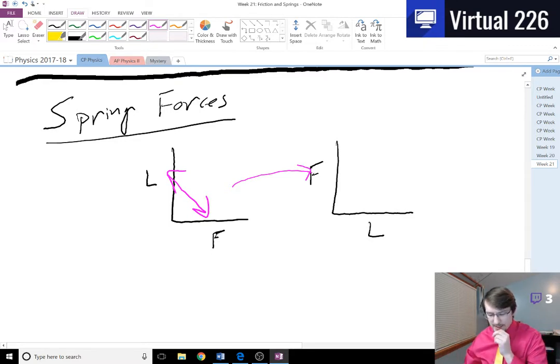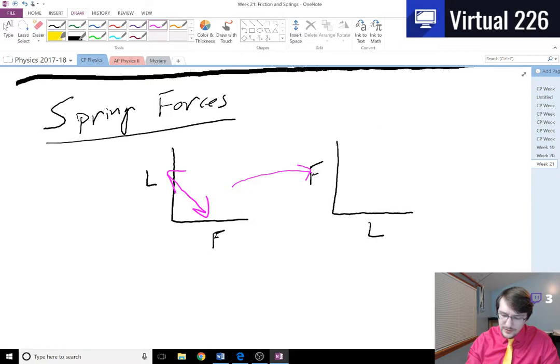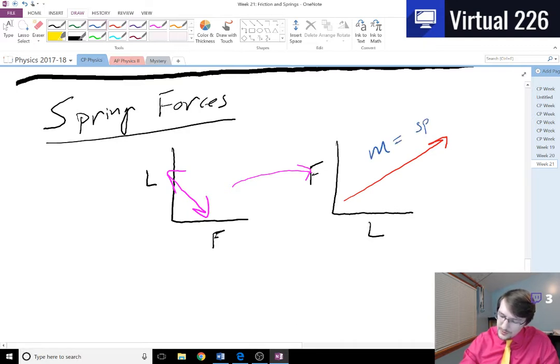Whenever you did this, you plotted some points here, and it looked something kind of like that in theory. We got a slope from this graph, and this slope we said was the spring constant, and we gave it a variable k.